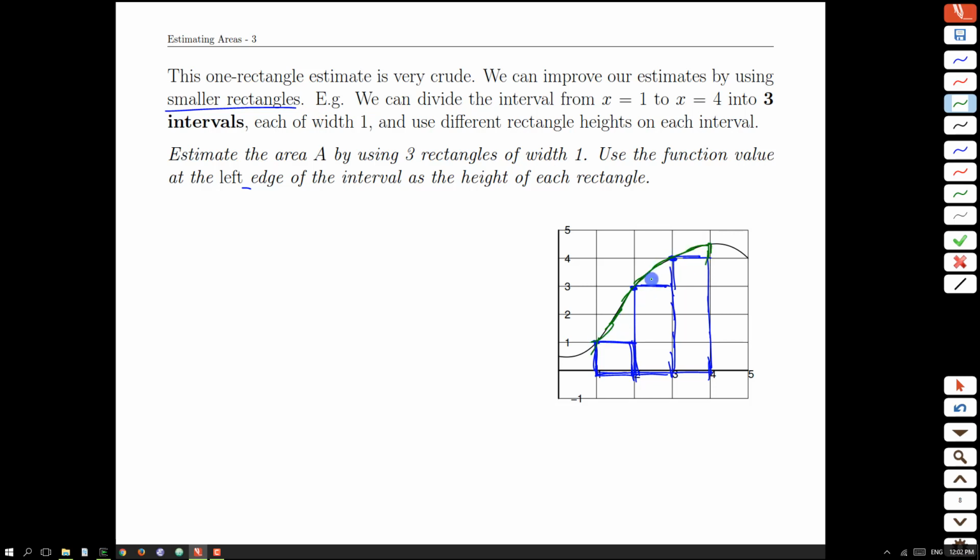We're missing a little bit here, a little bit here, a little bit here, but they're much closer in area to the area under the graph because we were able to subdivide our problem and focus in on certain subintervals rather than trying to do the whole estimate at once. And once again, we know that the area A is hard to find right now, but we can say it's approximately, we won't say less or greater than at this point, we'll say it's approximately the area of these 3 rectangles.